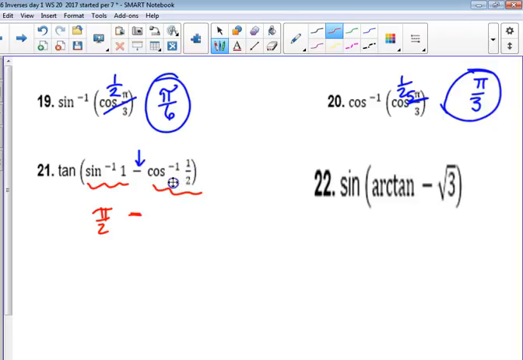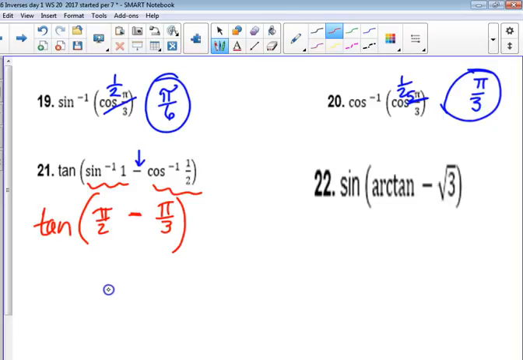Where is the cosine 1/2? Where's the x value 1/2 on your unit circle? Okay. So now it says subtract, and then find the tangent of the resulting angle.